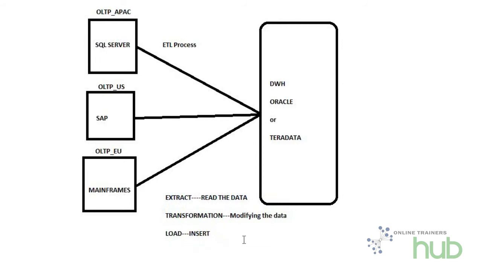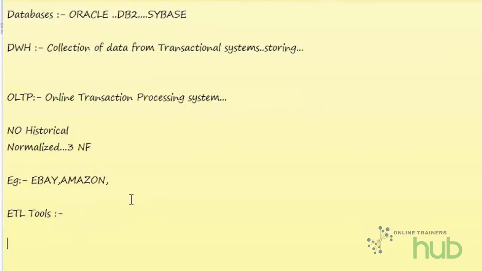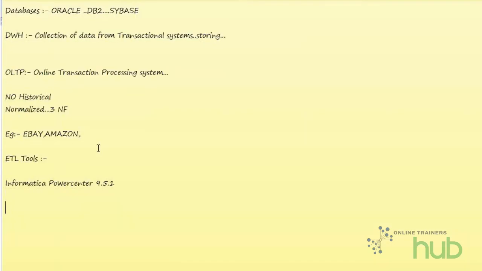So we have a lot of ETL tools available in the market which help you to integrate the data from all these OLTP applications. Among the different ETL tools, we have Informatica PowerCenter, which is the majorly used tool. Informatica PowerCenter 9.5 is in the market, and this is from Informatica Corporation.